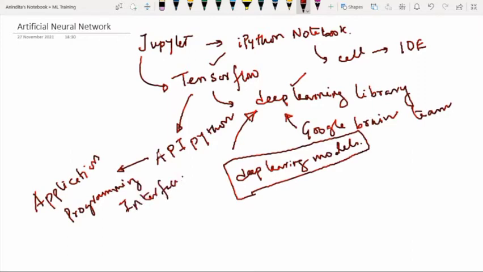Which is a software intermediary. Means that this concept of API will allow two applications to talk to each other. Means each time you use an app, like Facebook, or if you want to send some instant message or check weather on your phone, means you are using API. So what is this API all about?